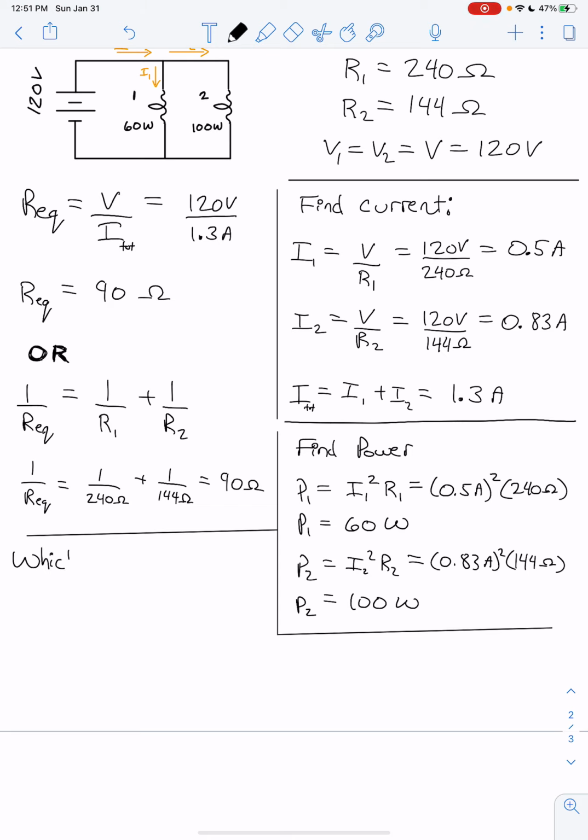So after having done this for both, which type of circuit, series or parallel, is more useful for lights?